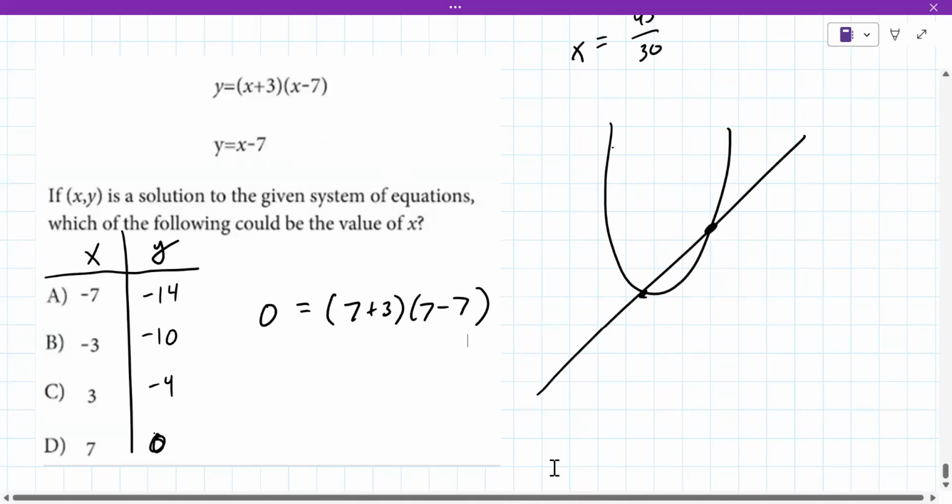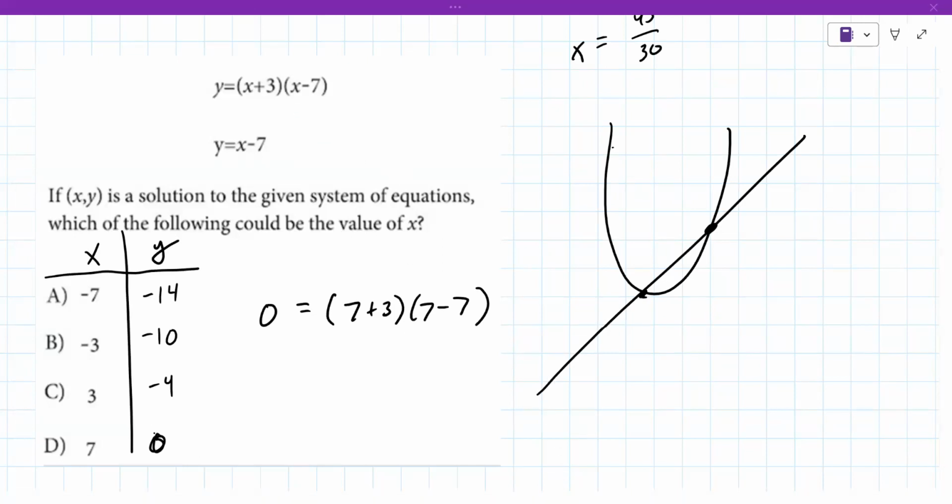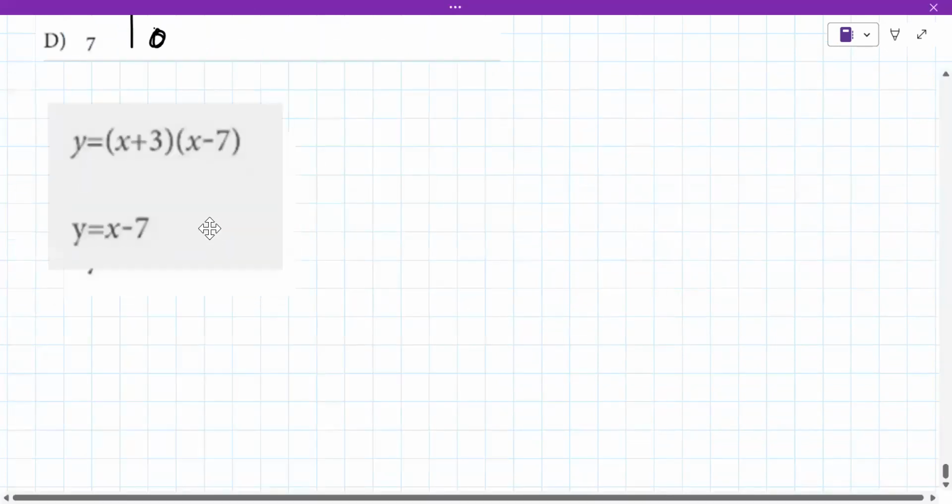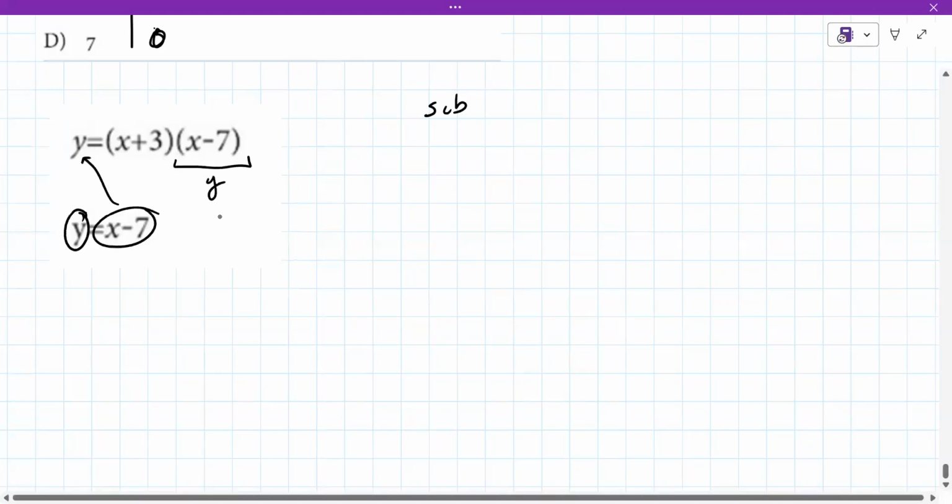All right. So the other thing I'll just show you here real quick is if you tried substitution or elimination. First, trying substitution. I don't know exactly how you tried it, but you could do it two ways. You could put this for y, or you could put this for y there.